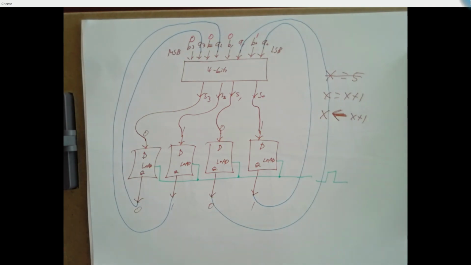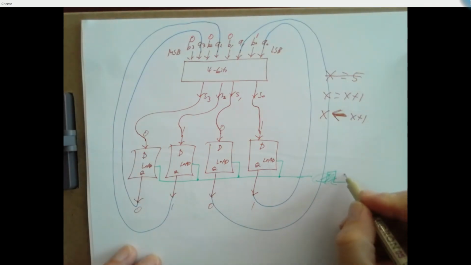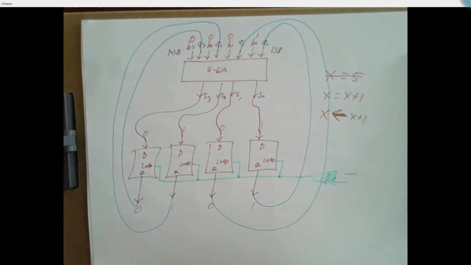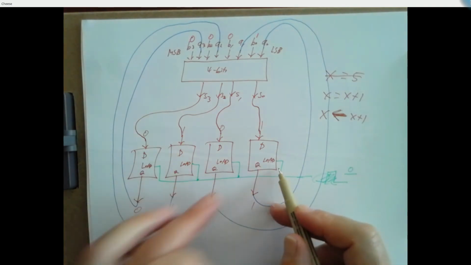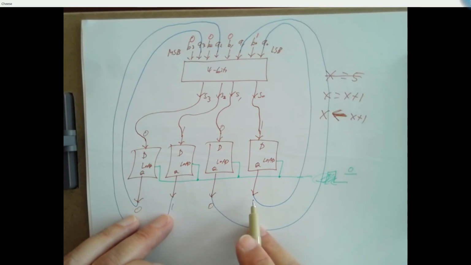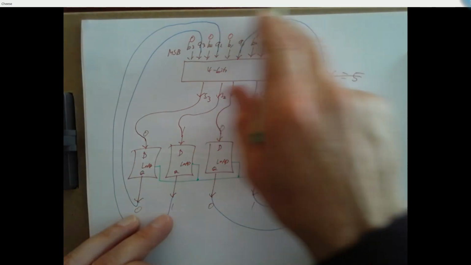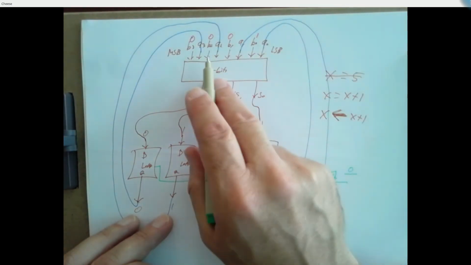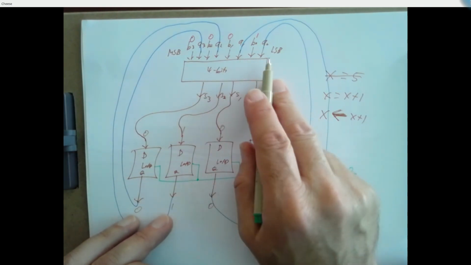So what do we have here? We have something really miraculous here. So suppose our load line is 0. So the load line is 0, and it's currently outputting 0, 1, 0, 1. The A inputs to the adder are 0, 1, 0, 1.